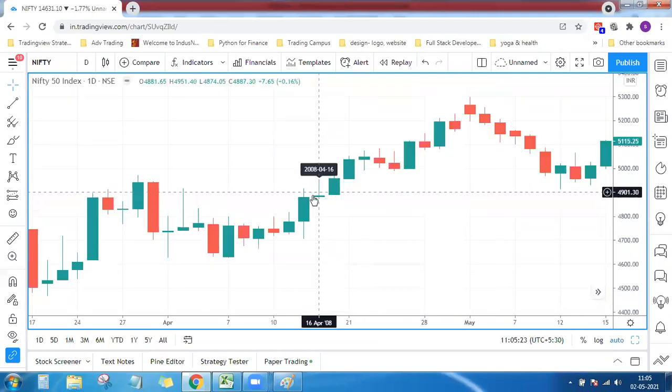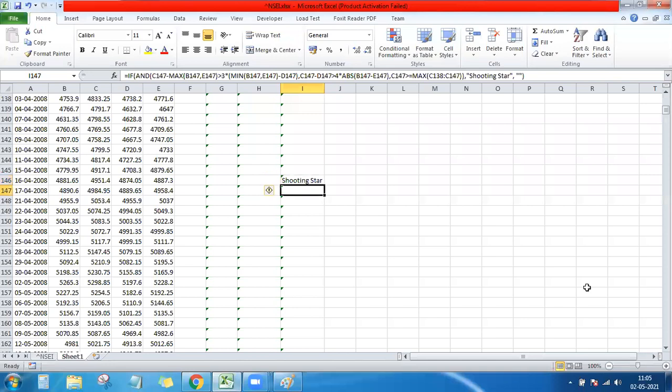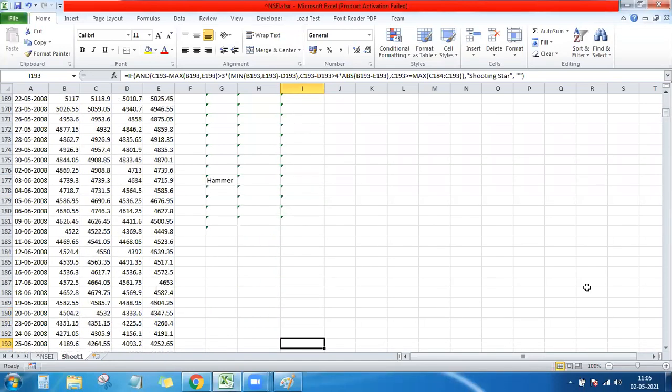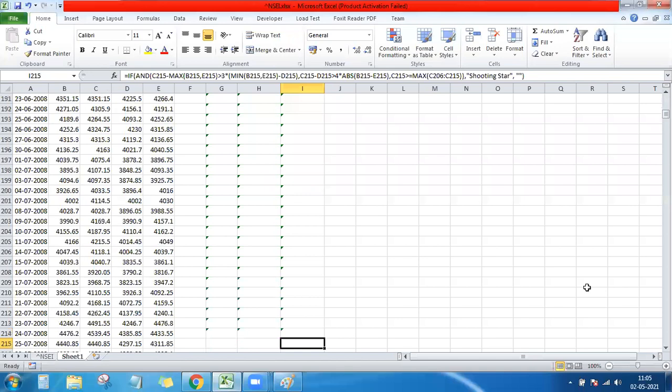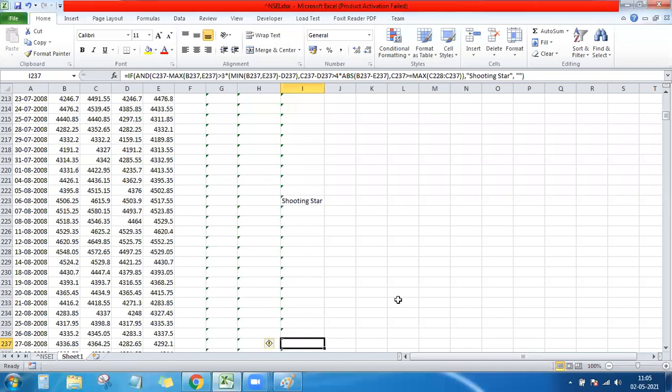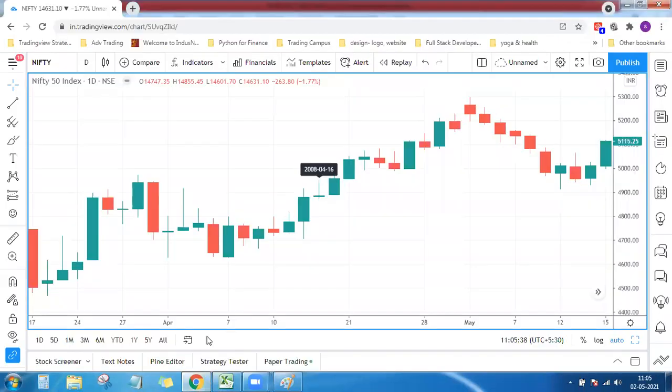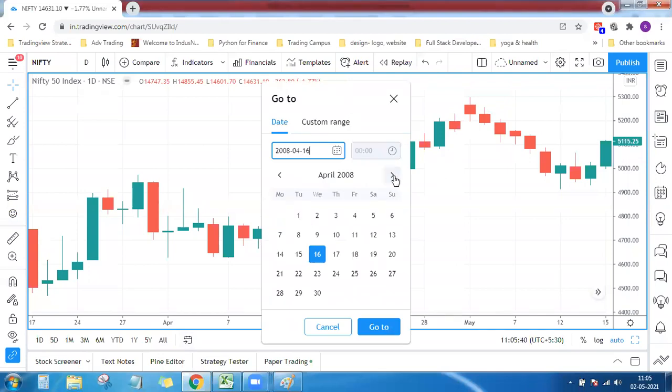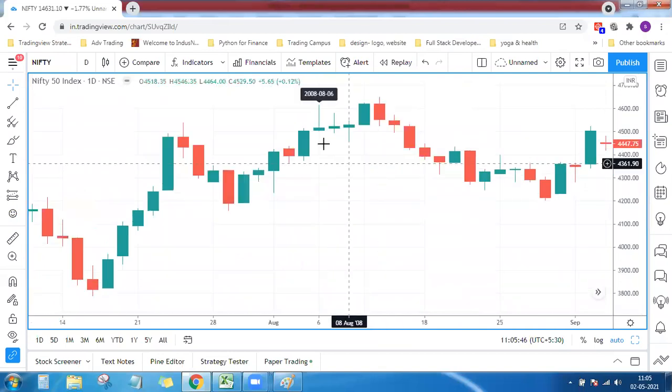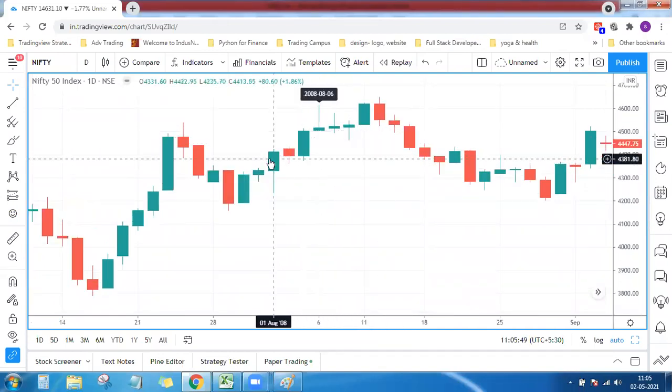This one. This is also a shooting star, somewhat appearing like a doji. 6/8/2008. This is also a shooting star appearing at the end of an uptrend.